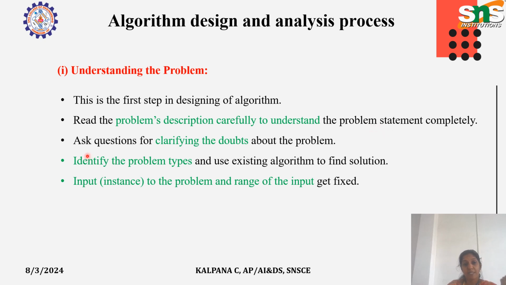Next, we must ask questions to clarify doubts, and identify the problem type, what type of problem it belongs to. If we already have an existing algorithm, we can just use that algorithm to solve the problem. We should also freeze the inputs, what type of inputs we are going to give to the problem.